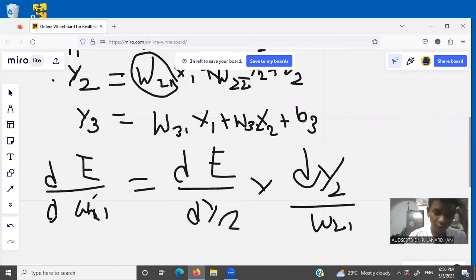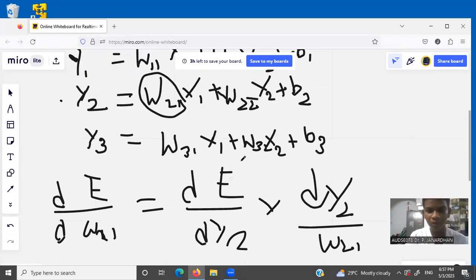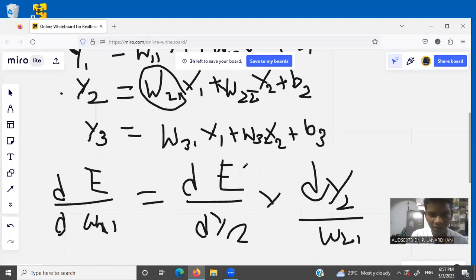In order to calculate the derivative of error with respect to the weight w21, according to the chain rule of calculus, for every neuron we are going to get this value from the previous layer.